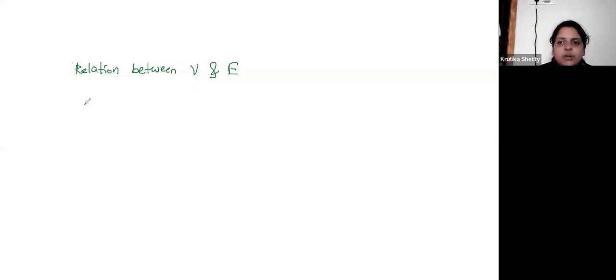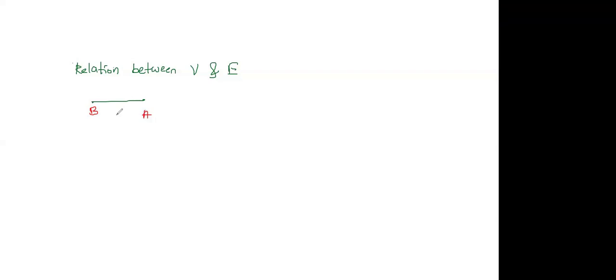So for the derivation, we have our simple diagram here. We are taking 2 points, that is A and B. So this is our B point and this is our A point. Here the distance between these 2 points is taken as dx.